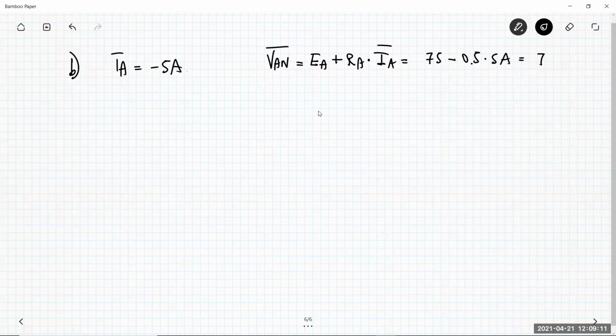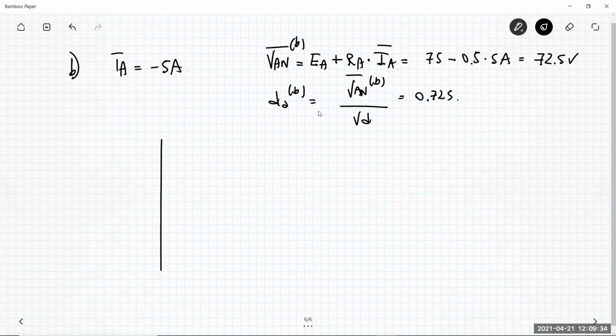This is 72.5 volt. The duty cycle DB is VAN B over VD, and this is 0.725. So basically we have this situation for the voltage VAN.